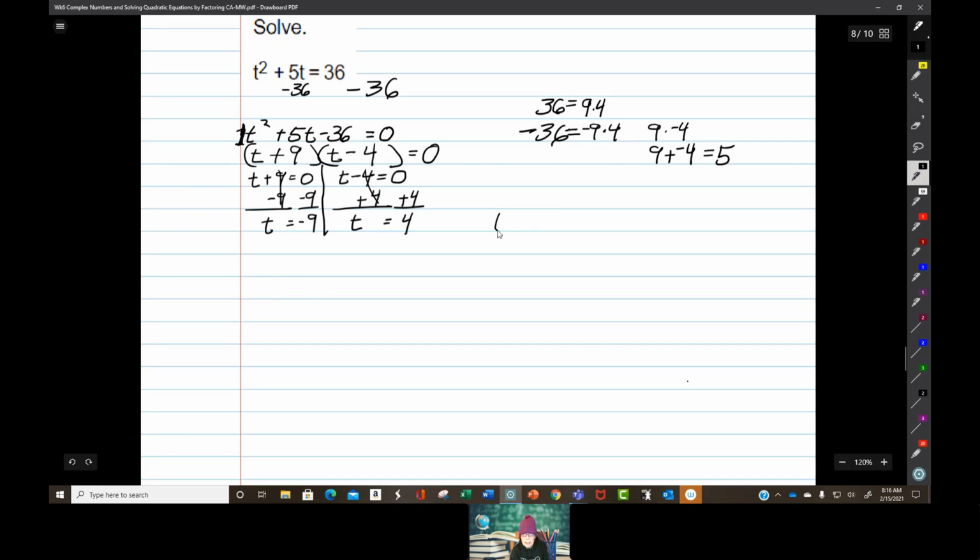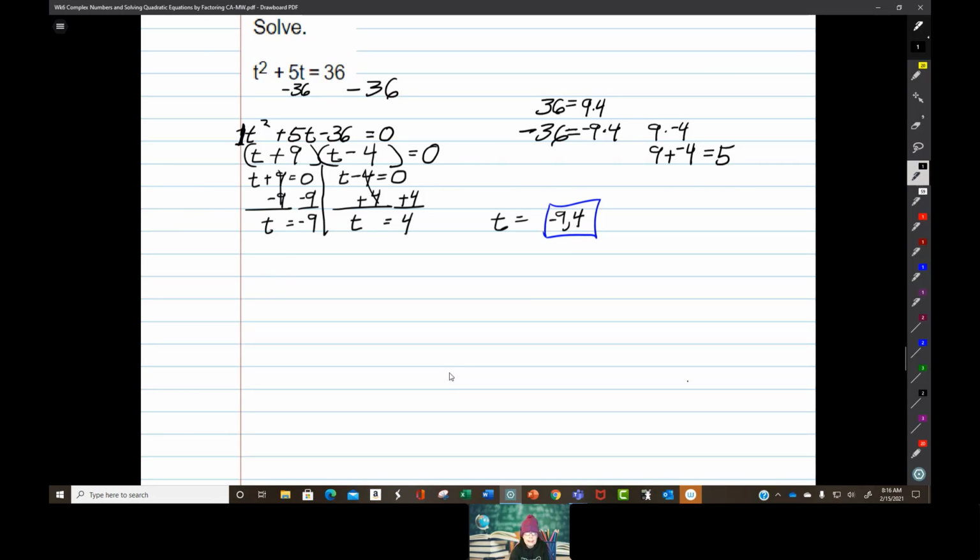So in the answer box in my math lab, I would write negative 9, comma, positive 4. Or the other way around, order doesn't matter.